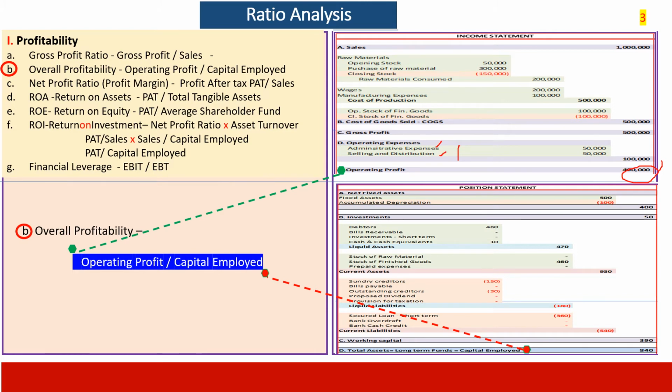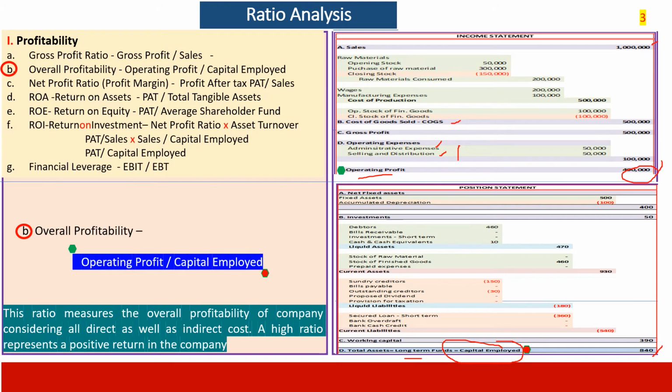It takes care of cost of goods sold, and it considers net sales. This is a reflection of performance. Capital employed is total value of all assets, net of intangible assets and miscellaneous expenditure not written off. We call it capital employed or long-term funds.